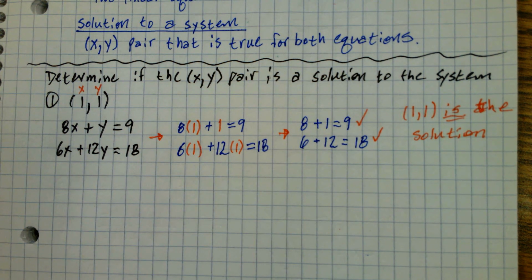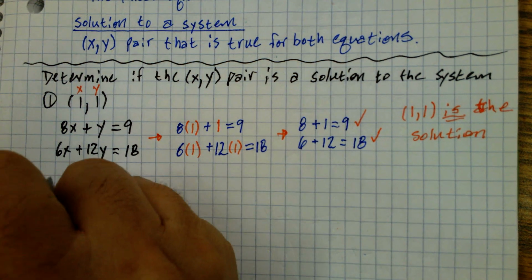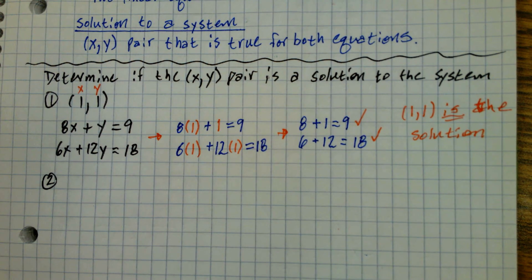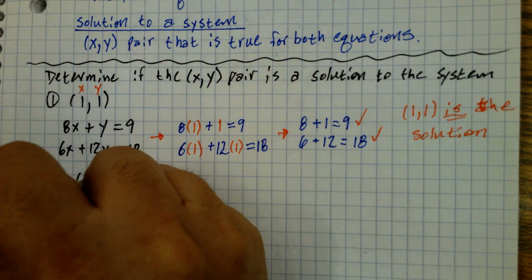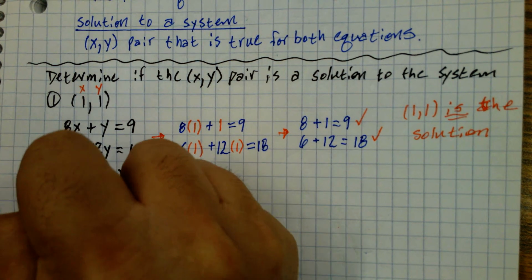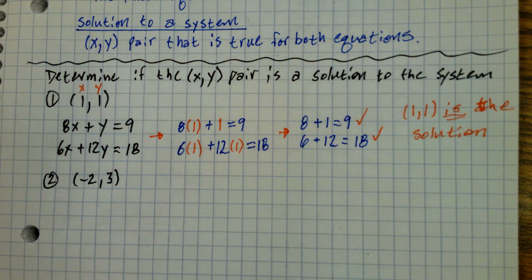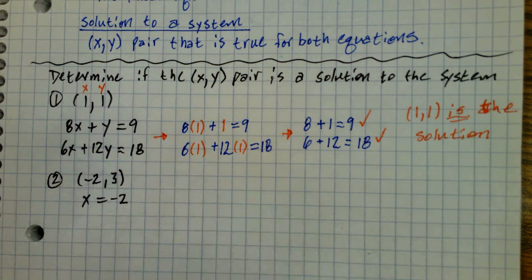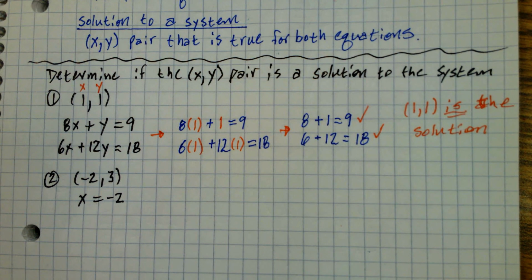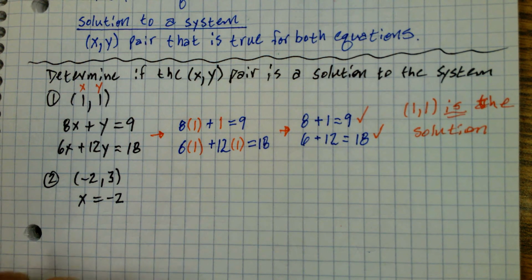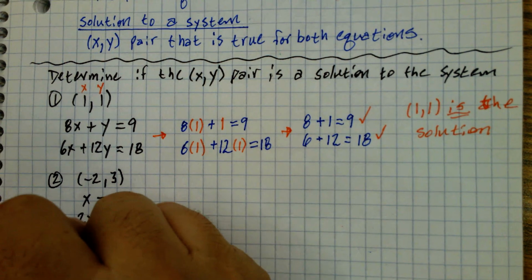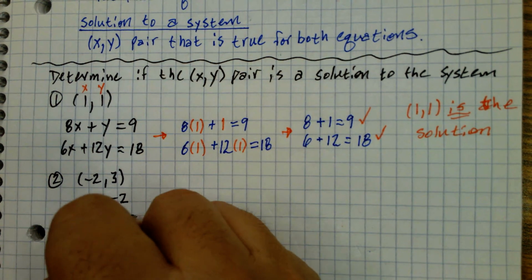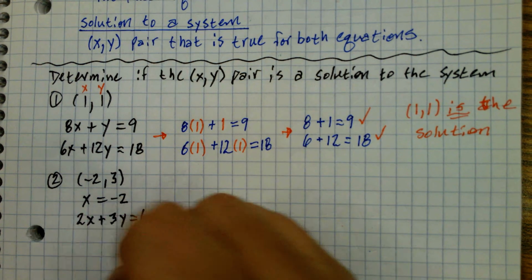Let's try a few more. I think we'll introduce a negative coordinate. -2, 3. Let's try that. And our system is going to be x equals -2. Remember, if we graph that, it makes a vertical line. And then 2x plus 3y equals 6.